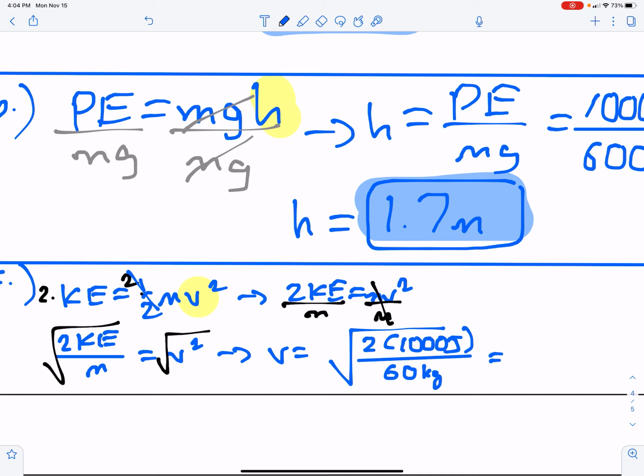Divide that by 60, and then we're going to square root that answer. So we're starting with this times this, divided by the 60, and then square root. Put that in your calculator, right? And you should get about 5.8 meters per second.